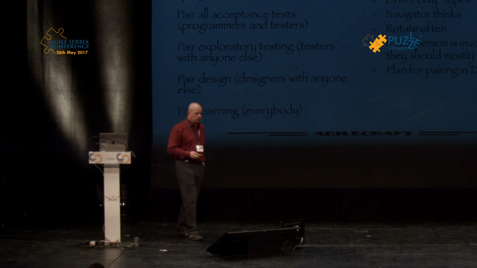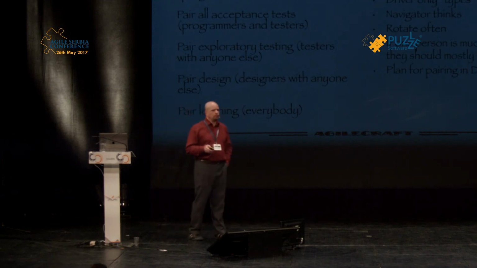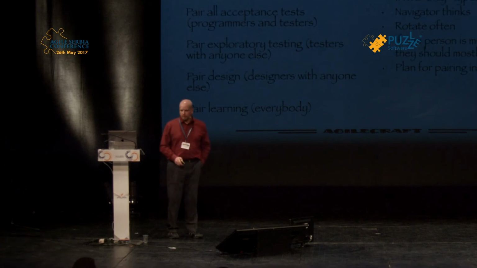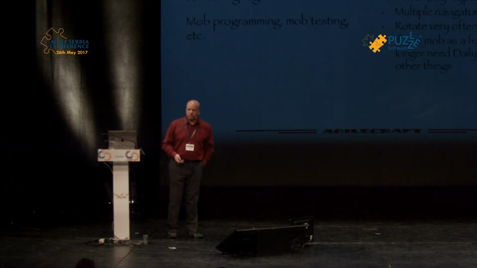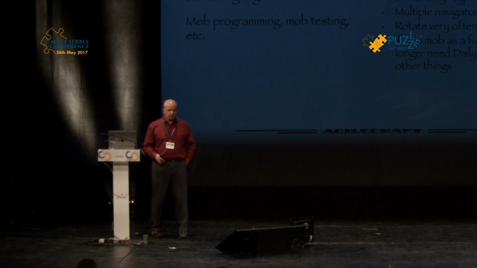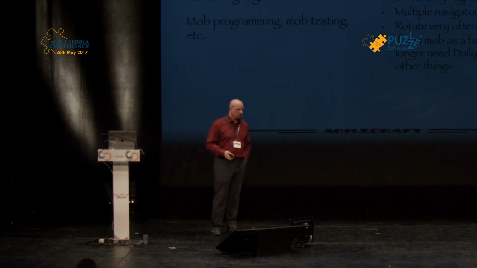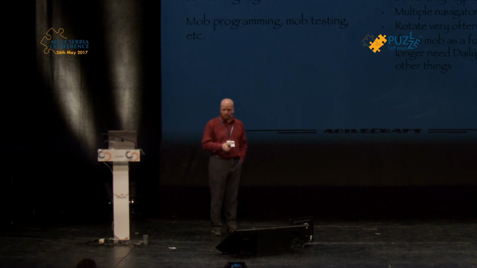Now, it doesn't have to be limited to pairing. The most extreme form of swarming, which in my language is the epitome of everything, is mobbing. In a mob, it's more than 2 people, and it's usually the whole team working on a single task together at the same time.